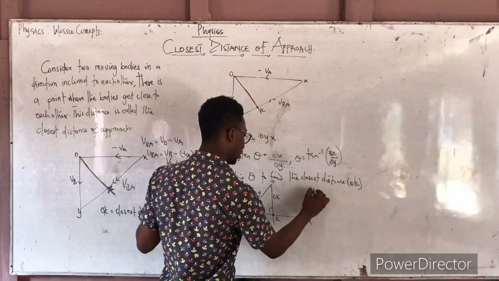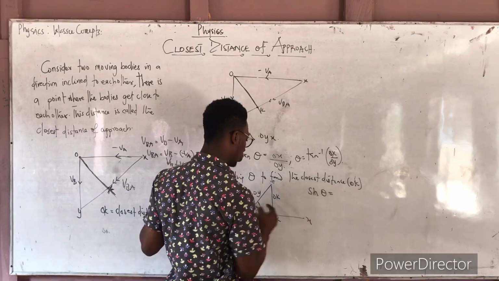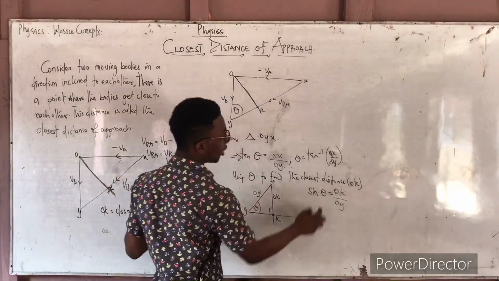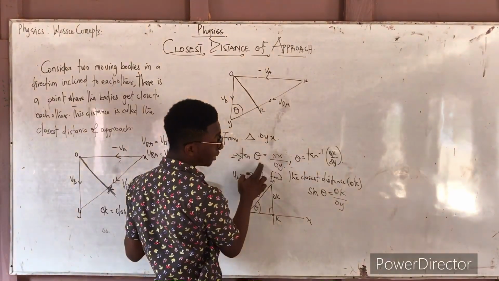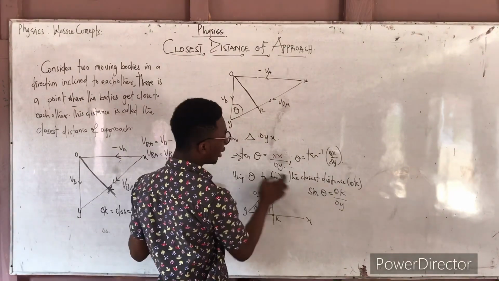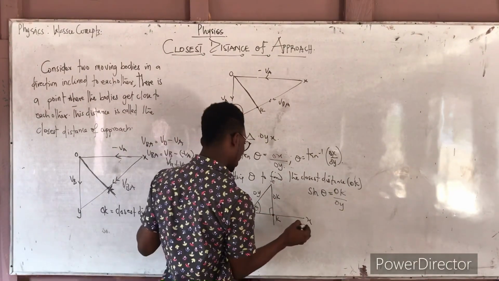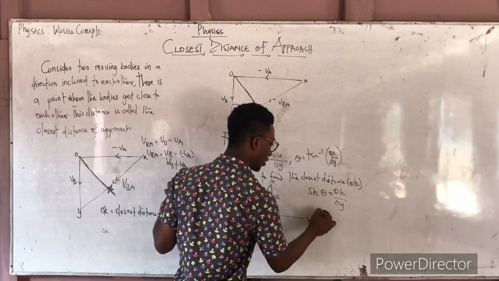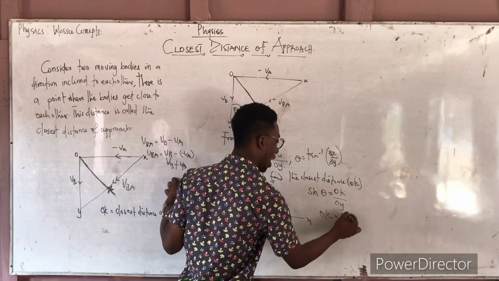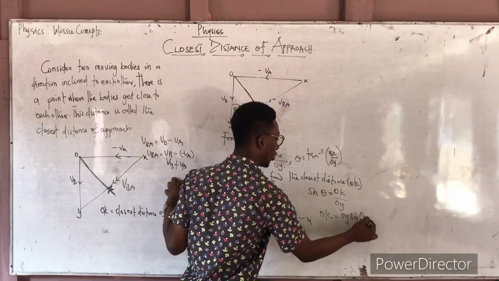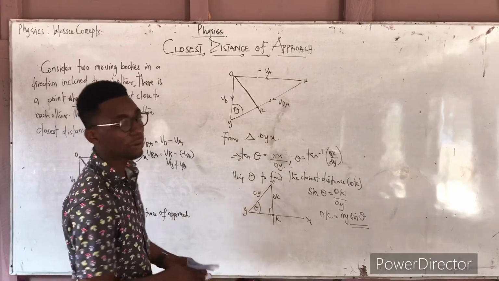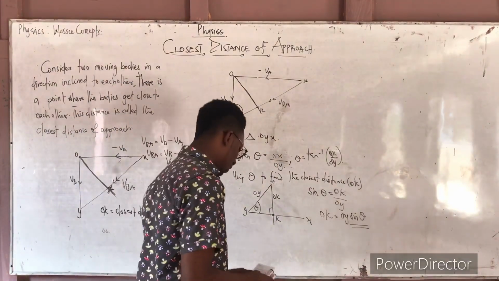You can use sine. Sine of the angle theta is equal to the opposite over the hypotenuse. We already know the theta. So our OK now becomes OY sine of the angle theta. And this is how we find the closest distance of approach in relative velocity.